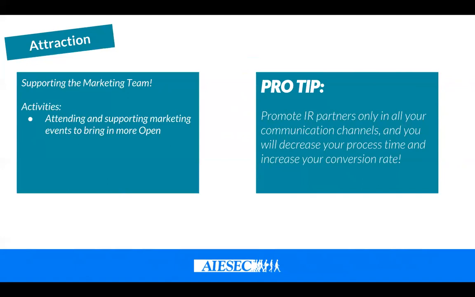So for ISEC in Australia, this is Taiwan, Vietnam, Indonesia, Thailand, and Romania through all our communication channels. The reason we promote them is that we have a partnership with these entities, and if people are applying to these entities, we can ensure that there is a faster process time and a higher conversion rate.